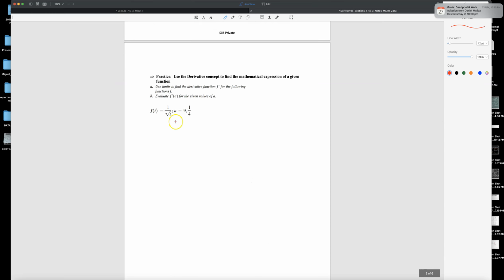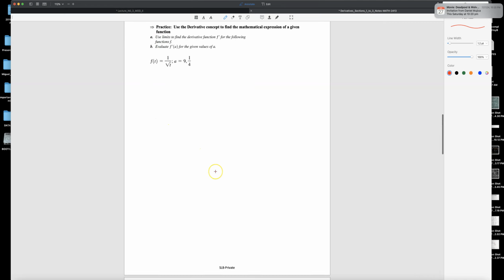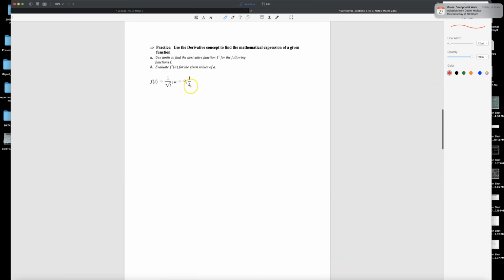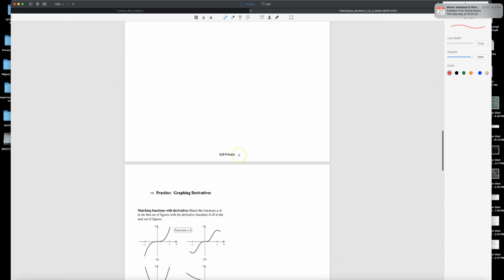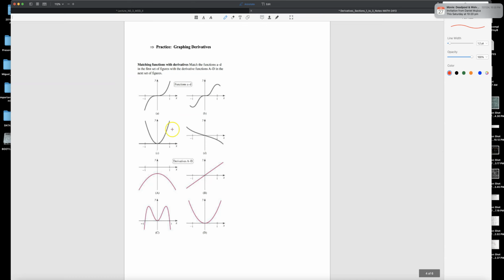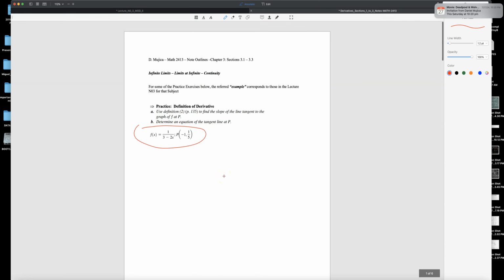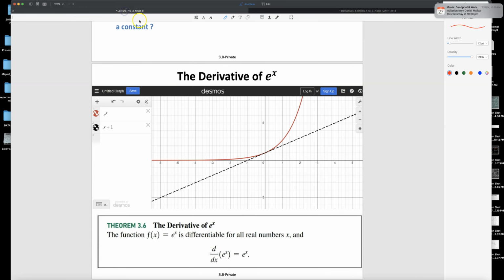Okay, in here, you need to apply the definition of the derivative to find the derivative of this function, and then evaluate the derivative at this particular point. You will find exercises like this in your homework. So you have here functions and you have here graphs of the derivatives. You need to make the match. Okay, that's what we discussed in the lecture.